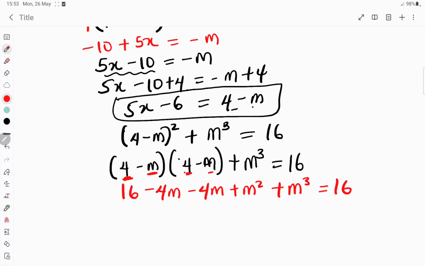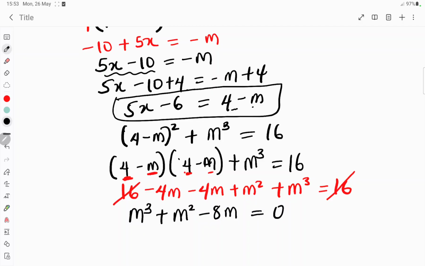The next thing we do is subtract 16 from both sides, so the right side becomes 0. Then we rearrange starting with m³: m³ + m² - 8m = 0.